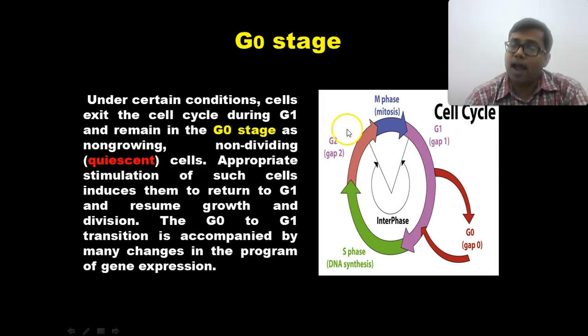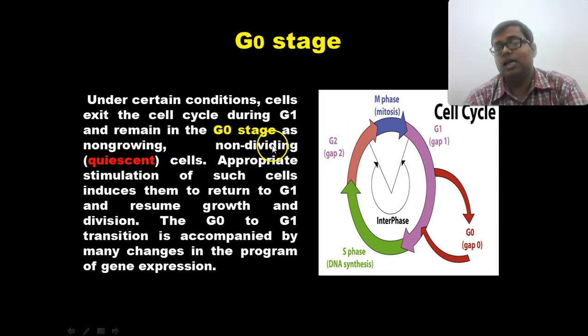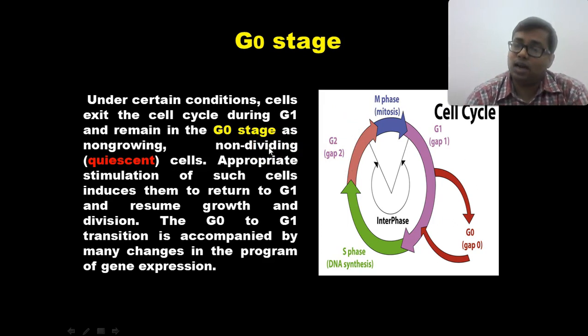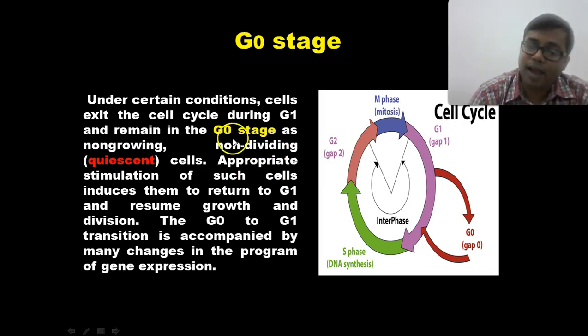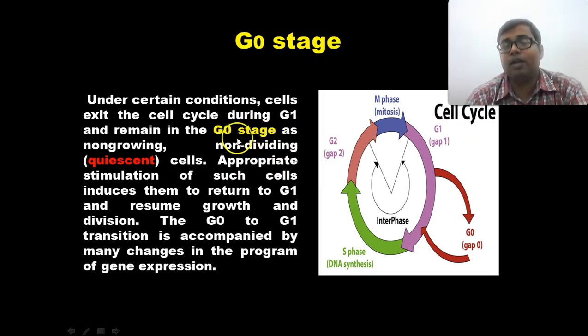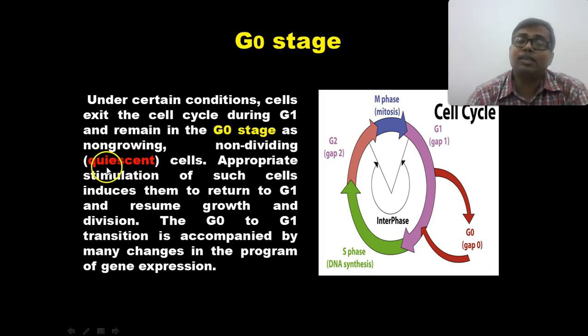That means the cell cycle remains arrested due to some external growth factor or nutritional deficiency, at a point within the G1 stage. That particular stage is called the G0 stage, or quiescent stage.